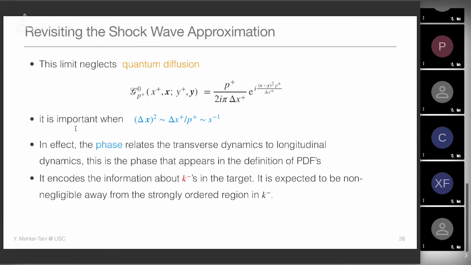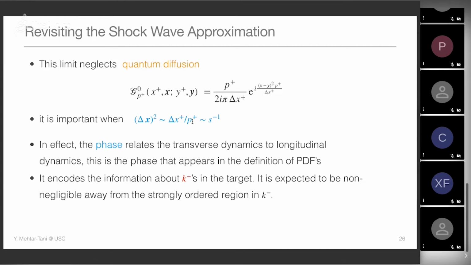This is the free propagator, which can be important when the transverse distance explored by the particle in the shock wave here is conjugate again to x plus over p plus, and you see how any change in transverse space is connected to p plus. So if you take p plus to infinity, you are assuming that this transverse change is much smaller than any variation in longitudinal space divided by p plus. So this is the assumption in shockwave.